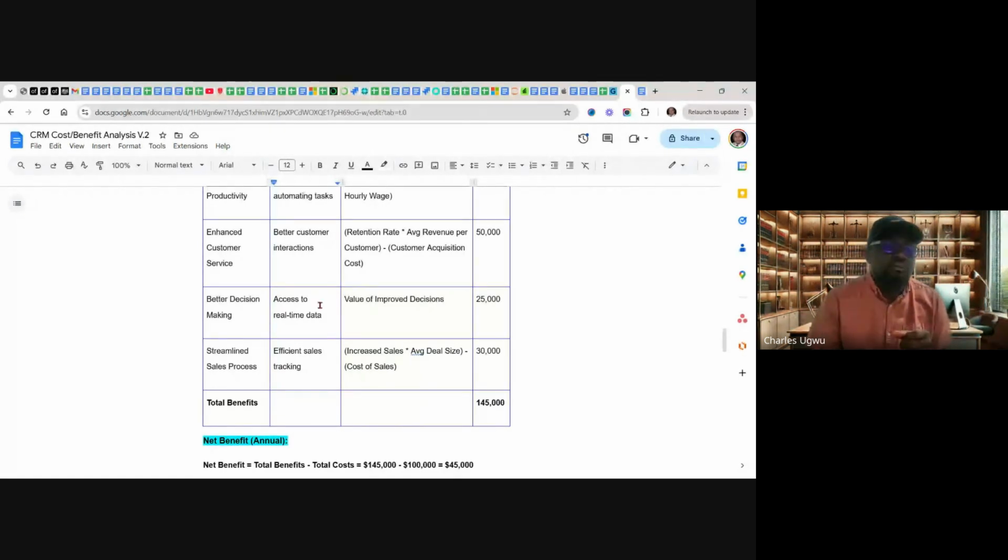So it helps to assess real-time data, value of improved decision. To work out the value of improved decision is a lot of mathematics, but we give it an estimated value of 25,000, and then we'll have streamlined sales process.